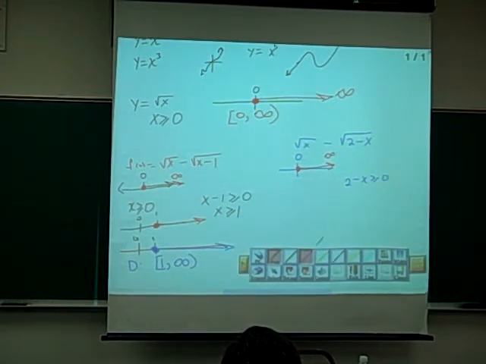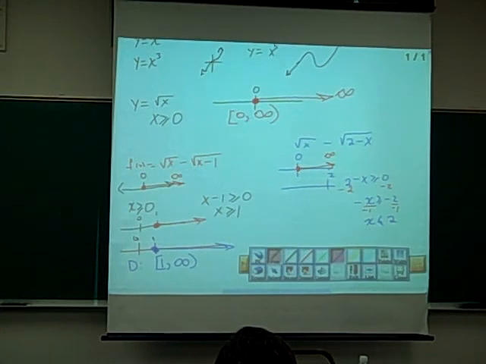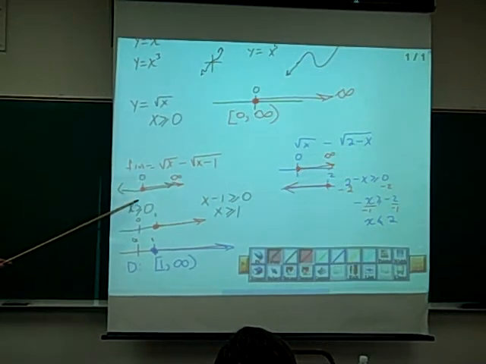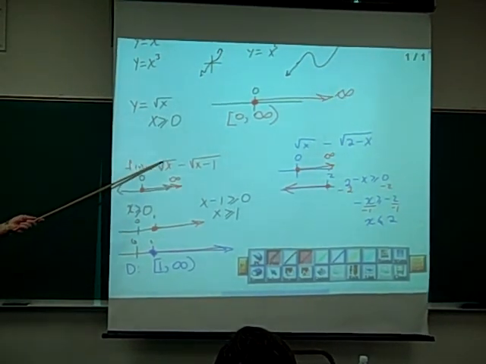If we solve for that, subtract 2 from both sides, and we get negative x is greater than or equal to negative 2, then we divide by negative 1. What happens to that inequality sign? It flips: x is less than or equal to 2. So now, here's 2, and it's less than that. Therefore, we cannot have anything less than 0, because negative 1 would give us a negative radicand.